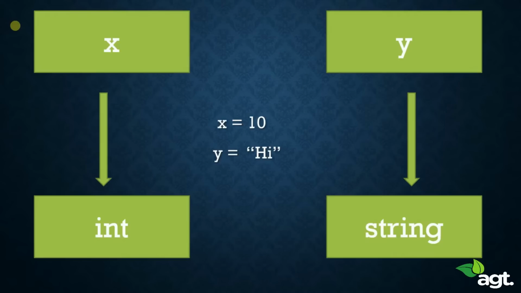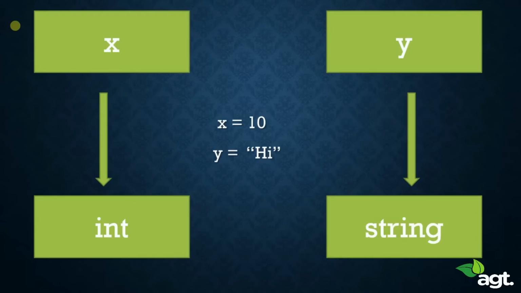So anything written in double quotes or single quotes in Python is treated as a string, and numbers are treated as integers. For example, our x is equal to 10, so 10 is an integer.